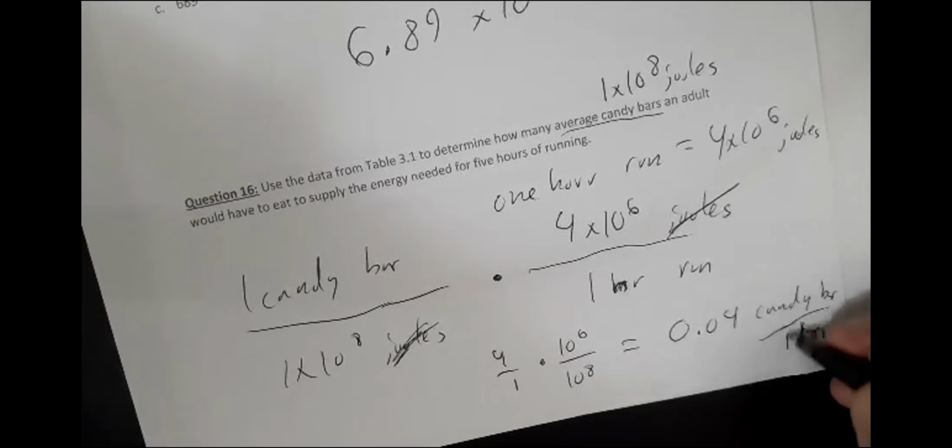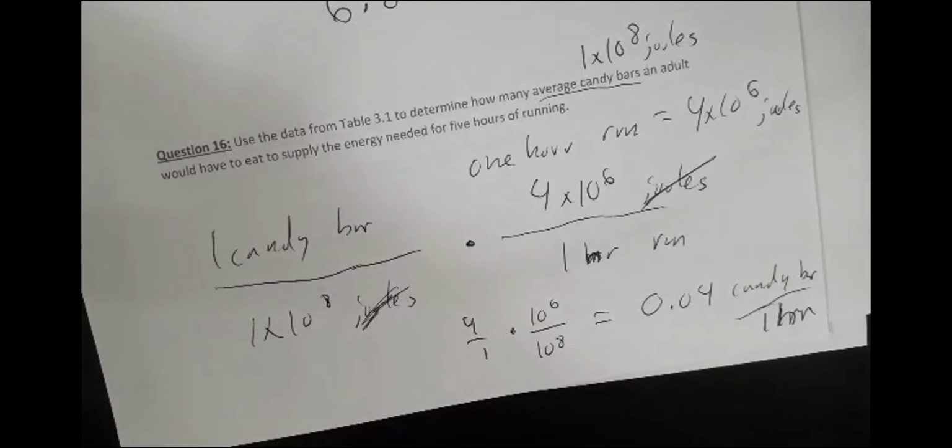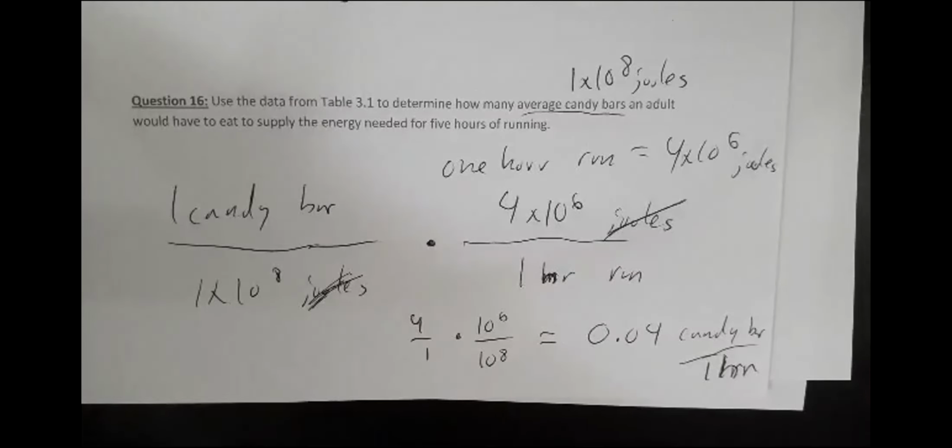Okay. So that is 0.04 candy bars for every 1 hour. This was not an even number. I should have done these numbers better, maybe.